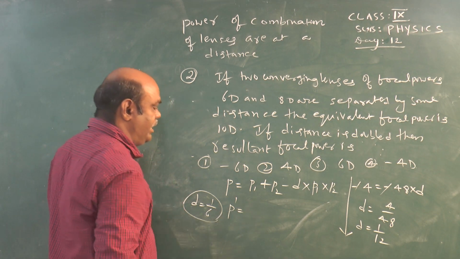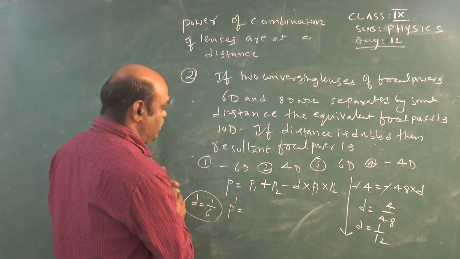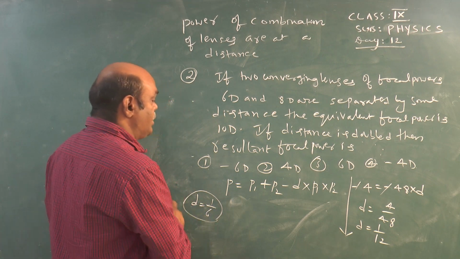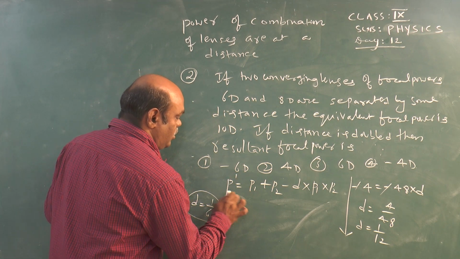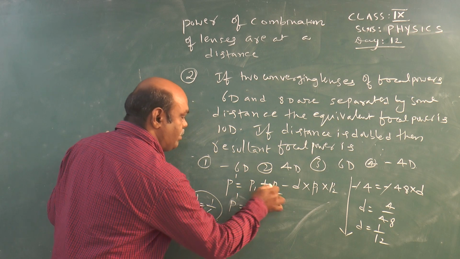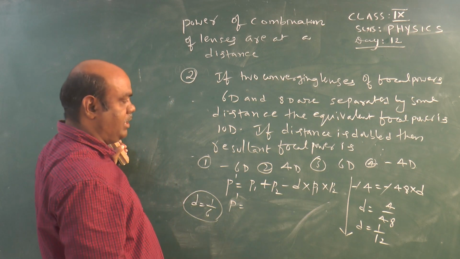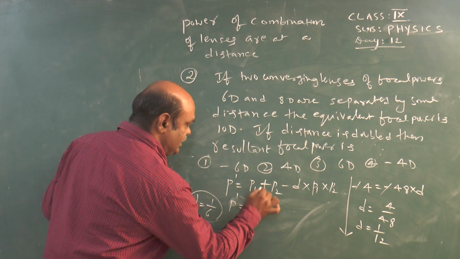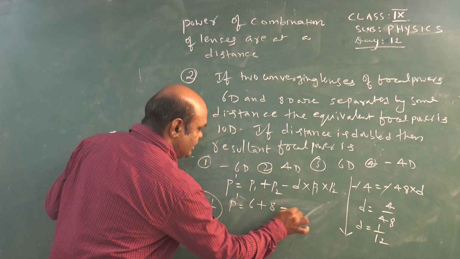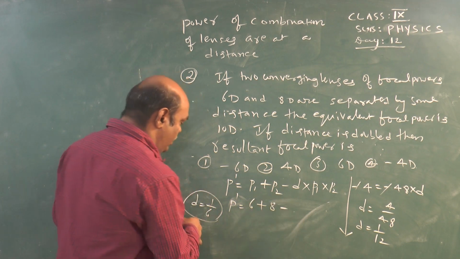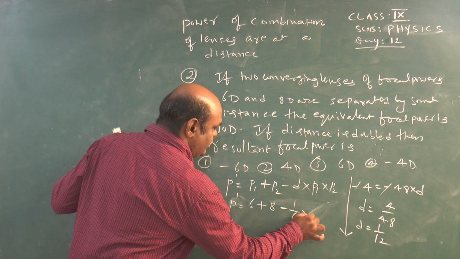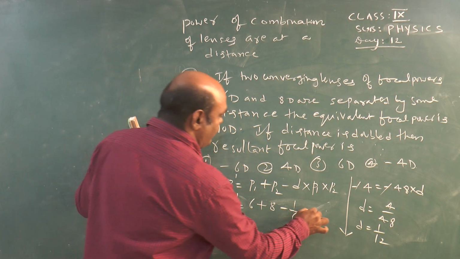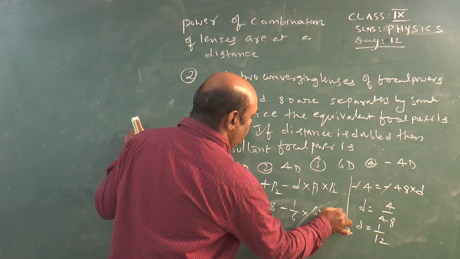So P dash is equal to P1 plus P2 minus D P1 P2. P1 is 6 plus P2 is 8. Here D value 1 by 6 into P1 6, P2 8.